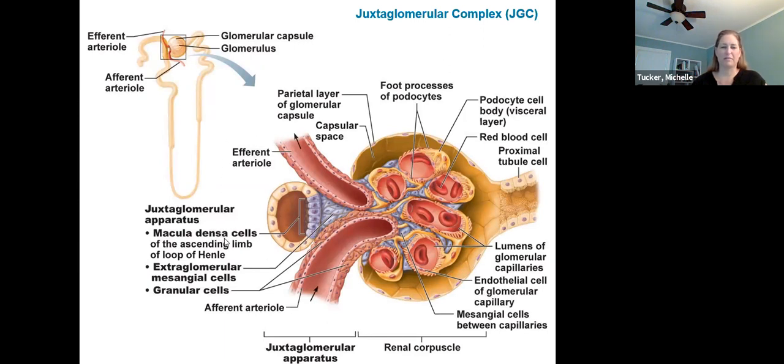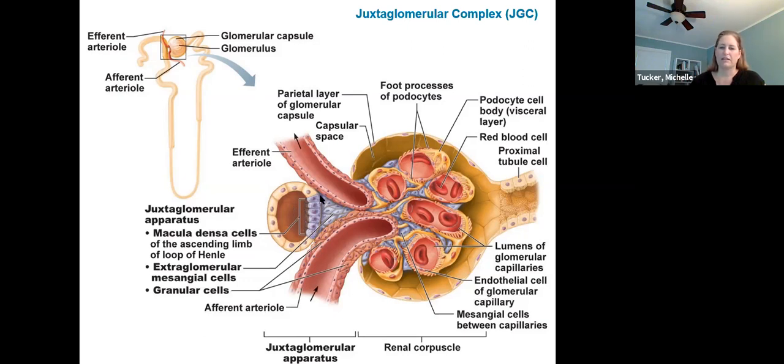The 3 populations: the macula densa cells are coming up from the ascending limb, about to turn into the distal convoluted tubule. These macula densa cells are chemoreceptors to monitor the sodium content that's coming from the ascending limb.